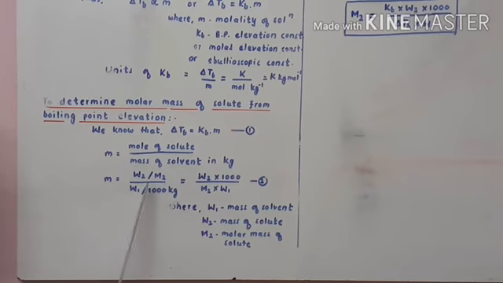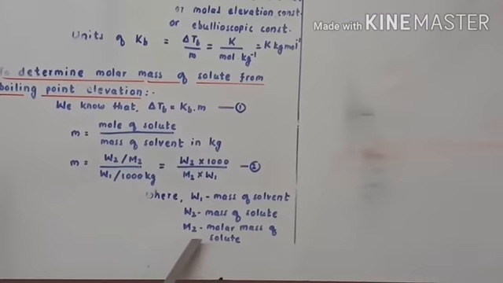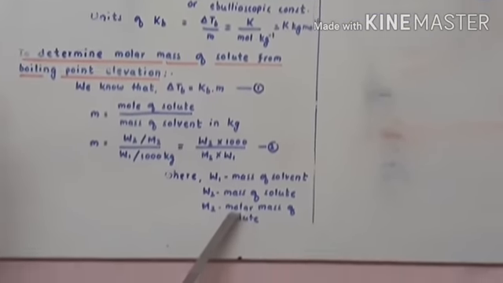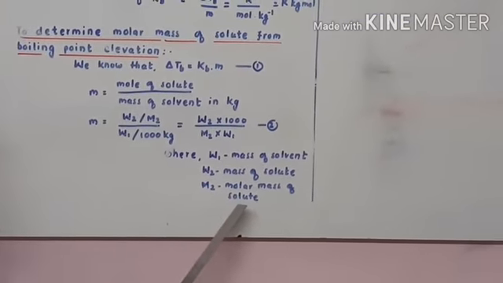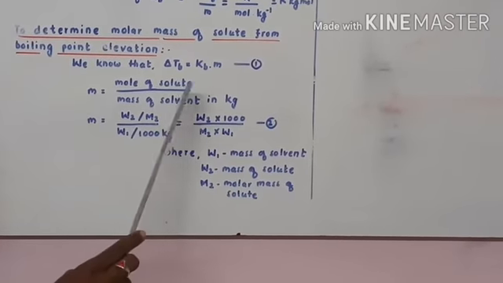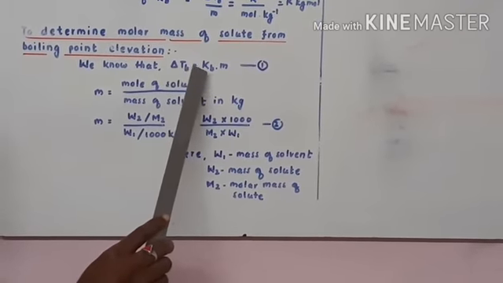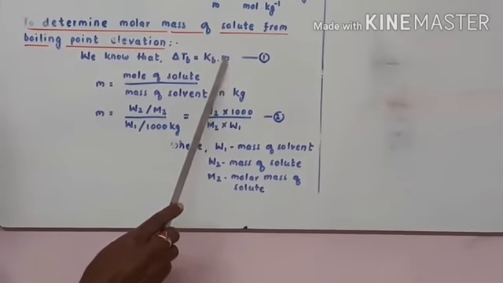So it will become W2 into 1000 upon M2 into W1. See here again, W1 is mass of solvent, W2 is mass of solute, and M2 is molar mass of solute.